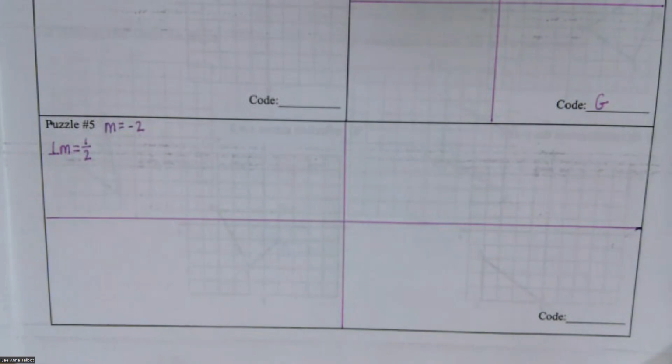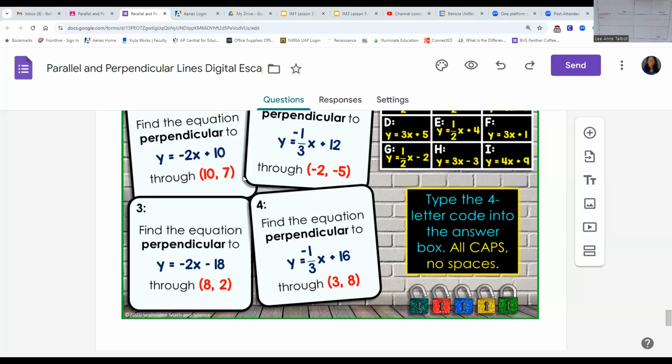Okay, now go back to the problem and get the x and the y. The x is 10 and the y is 7. So you write underneath it, x equals 10, y equals 7.